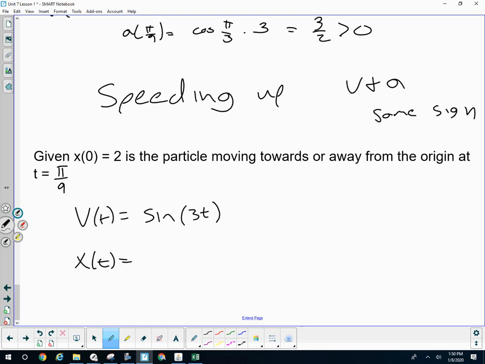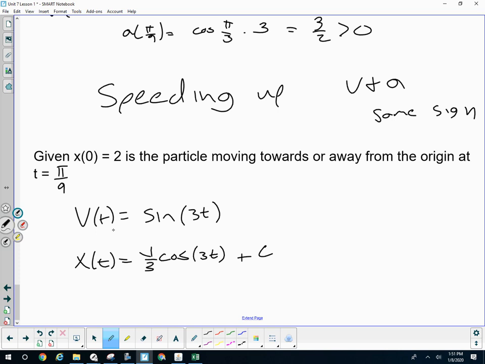Excellent job, guys. We know that cosine's derivative is negative sine, so I need a negative cosine. But we remember, since I have a coefficient on the variable, when you go backwards, you need the reciprocal of the coefficient of the variable. Don't forget a plus c.